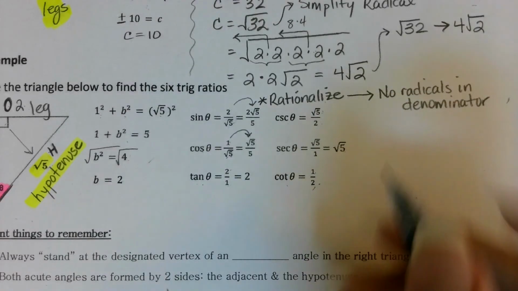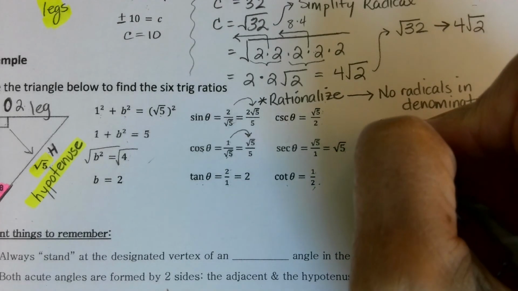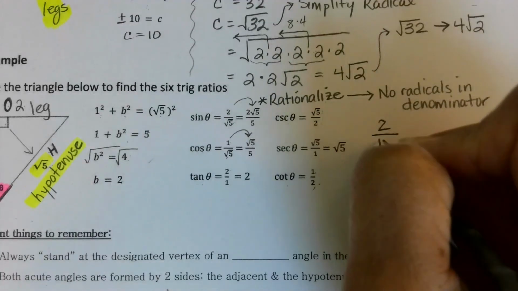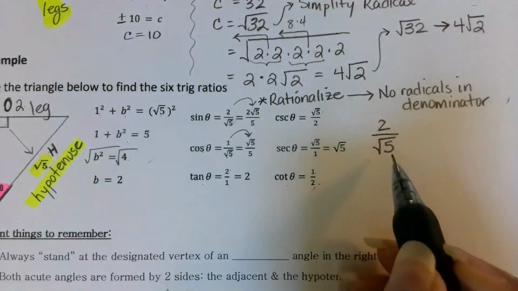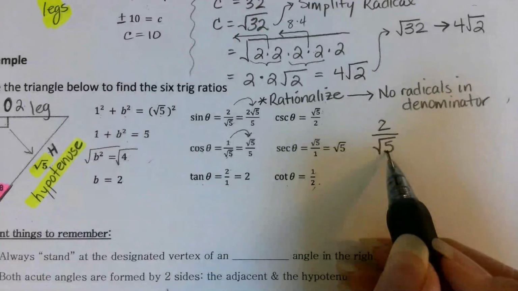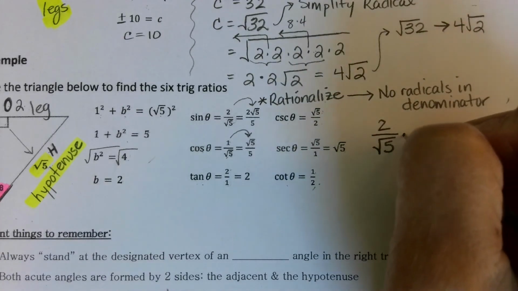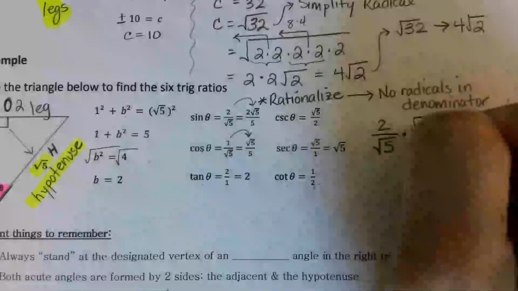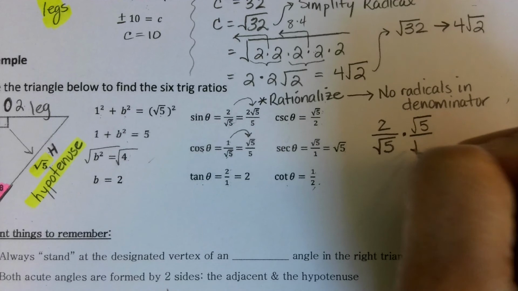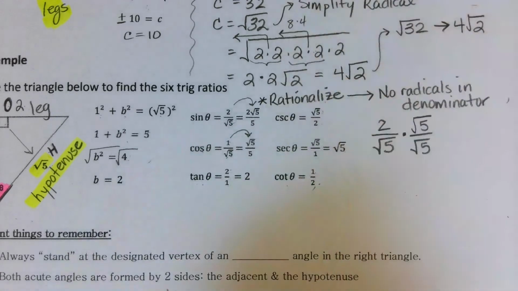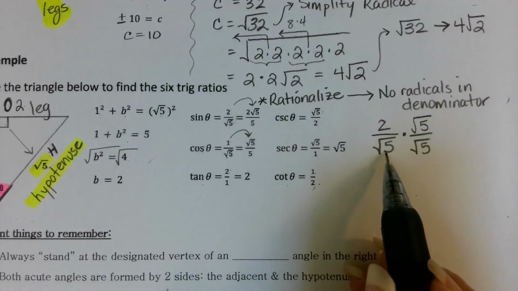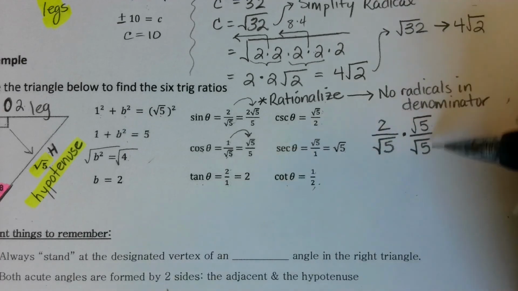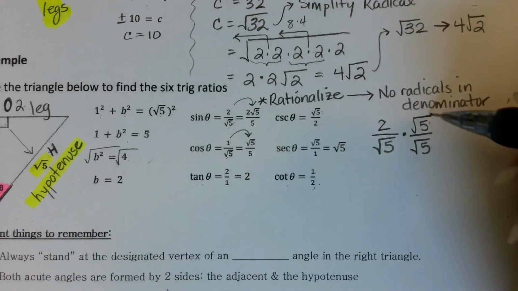To remind you how to do that, if you have a 2 over a square root of 5, like in this problem, we want to get rid of this, okay? The way you do that is you multiply the numerator and the denominator of the fraction you're working with by whatever that radical is in the denominator. Notice that you are actually just multiplying by the number 1.